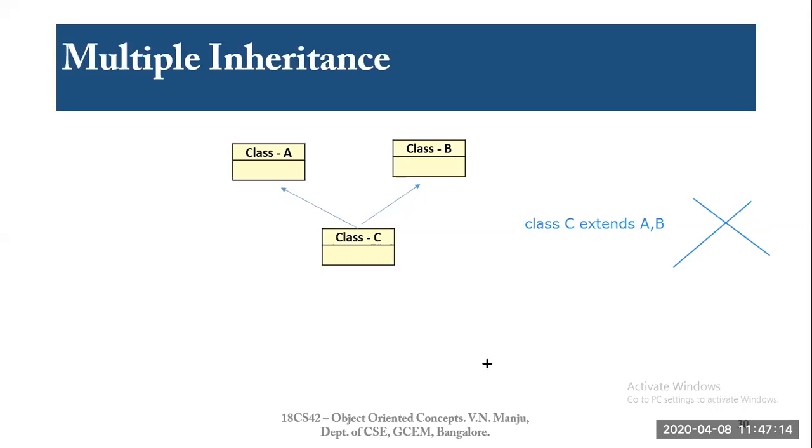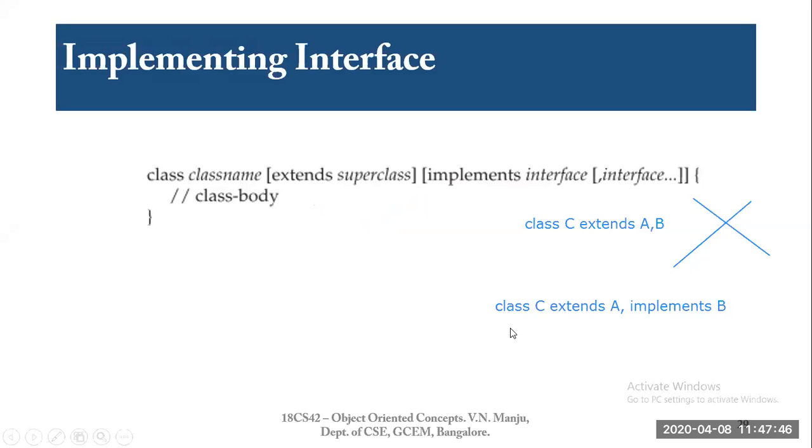So to make this possible, what Java has implemented is class C extends A and implements B. So this is what we have seen in the previous topic.